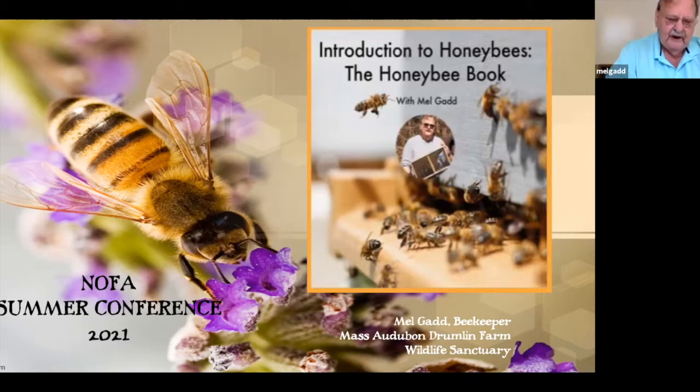Drumlin has really been a great place for me to run the beekeeping program. It's not an organic farm, but they do not use any chemicals. It's more sustainable. And so we do not use any chemicals on the bees for any of the problems that they have. We've been doing a lot of research out at the farm on some natural approaches to beekeeping and dealing with some of the problems.